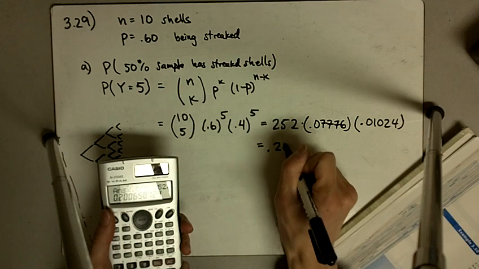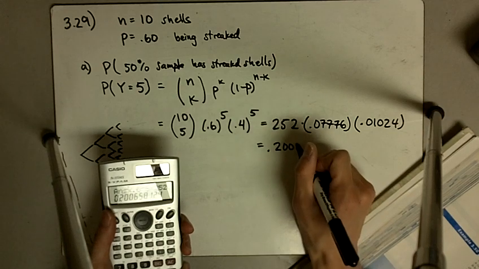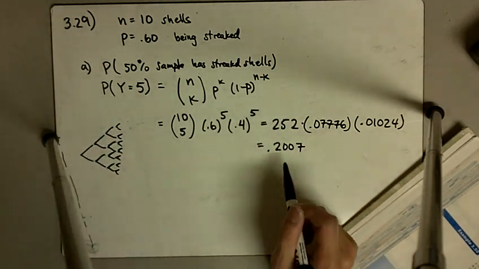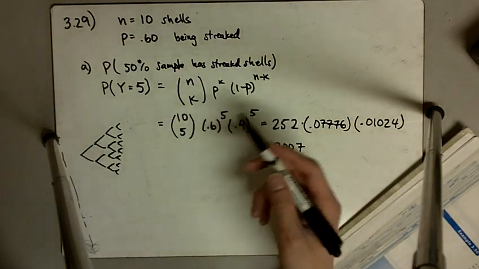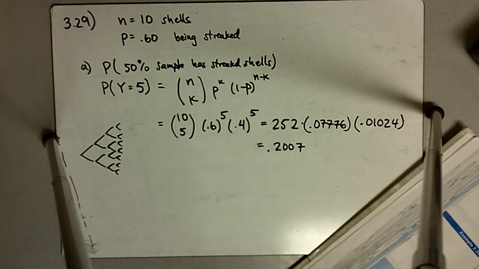That equals 0.2007. So about 20% probability that out of our 10 shells, exactly 5 will be streaked.